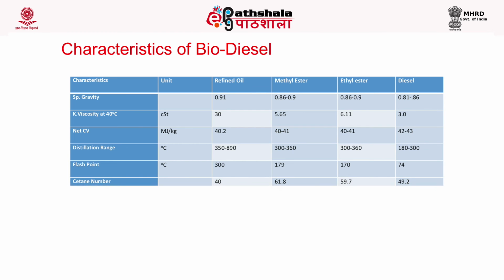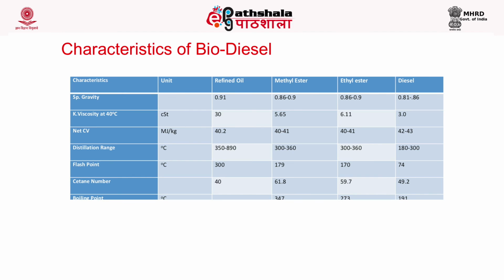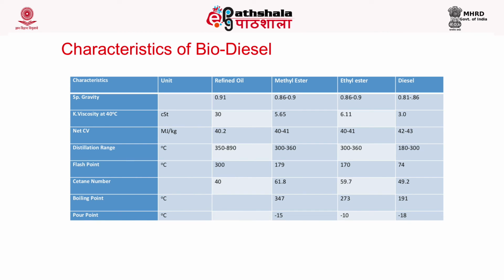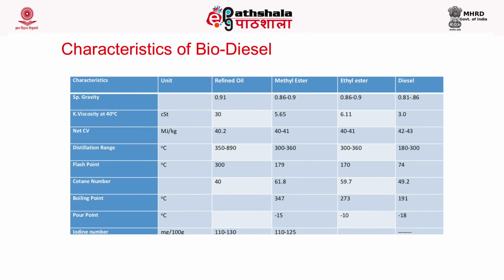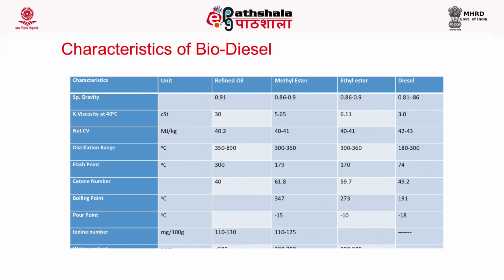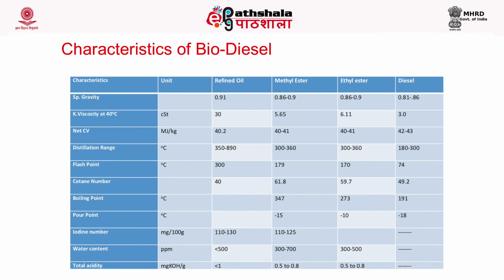Now, the calorific value of both methyl and ethyl ester is comparable, not much different, and it is slightly less as compared to diesel. Then flash point is the major difference. For diesel it is 79, whereas for methyl and ethyl esters both it is about 170 degrees Celsius.